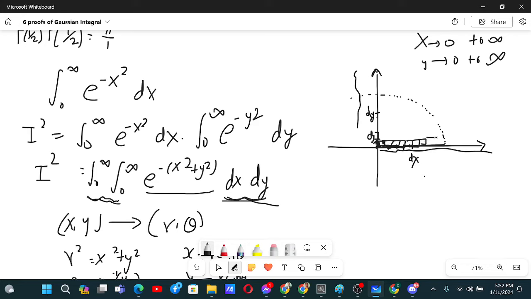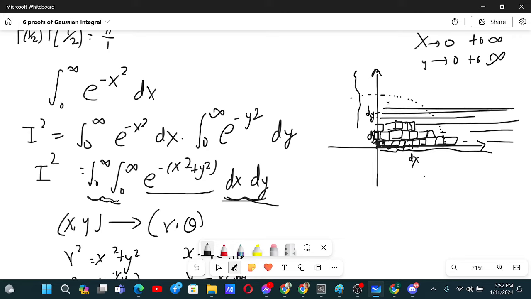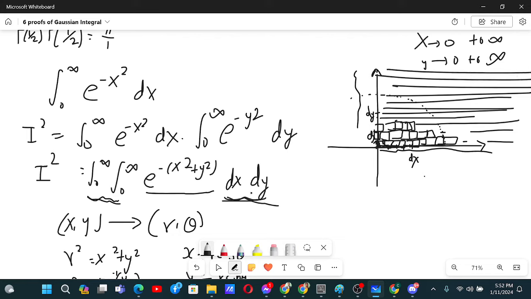Again, for the next dy, there will be all this dx going from 0 to infinity, and so on. So basically, we will cover all of the first quadrant. So dx dy in this limit range covers the first quadrant.